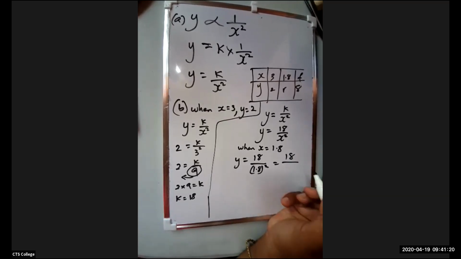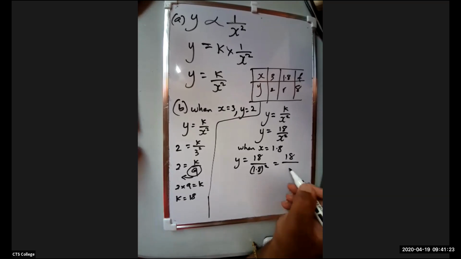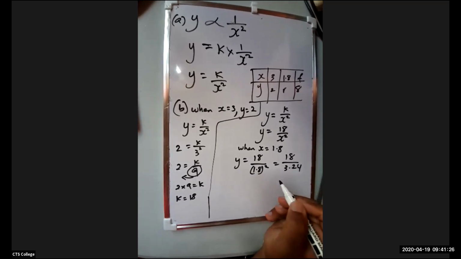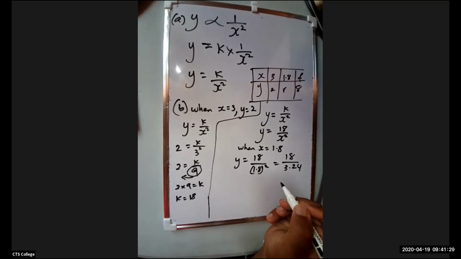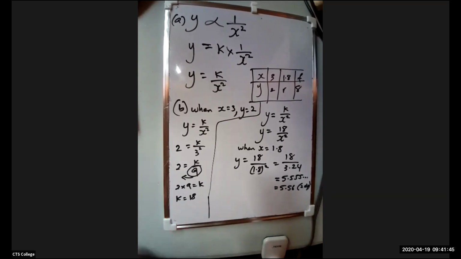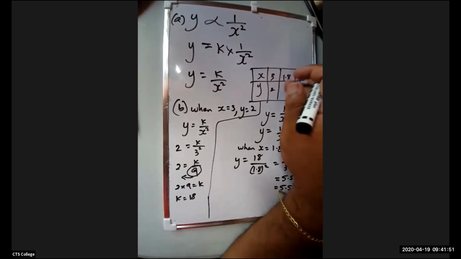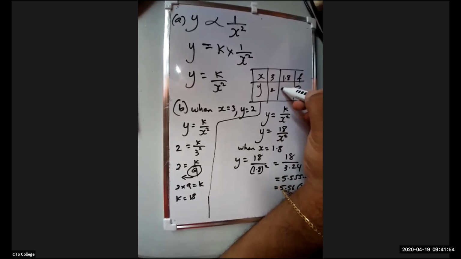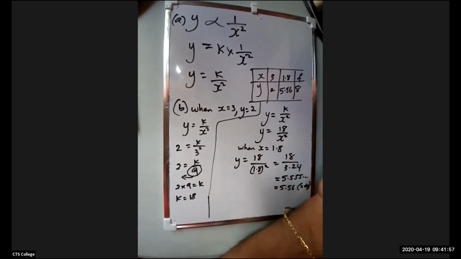So 18 over 1.8 squared is 18 divided by 3.24, which will give us 5.555 recurring. So to 2 decimal places, it will be 5.56. Okay? So the value for R is 5.56. Or of course, if you want to write it to 1 decimal place, which is 5.6, that's also correct, okay?